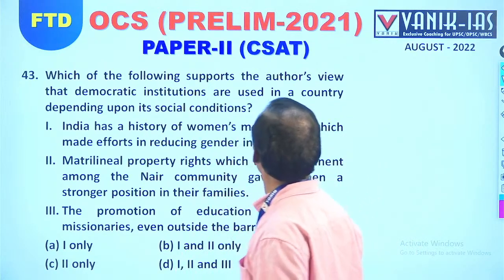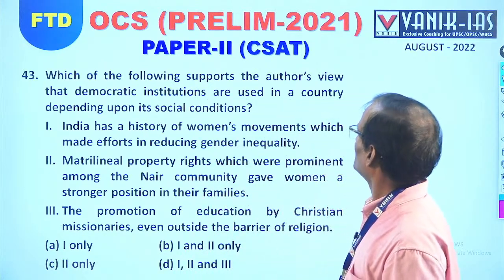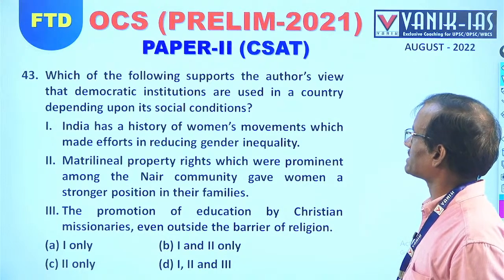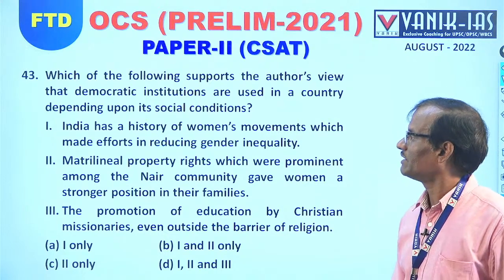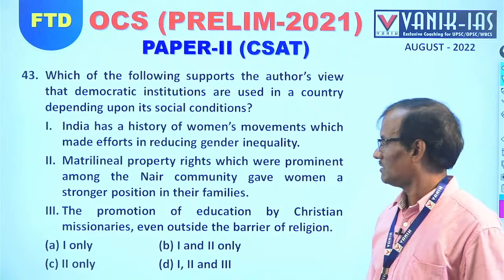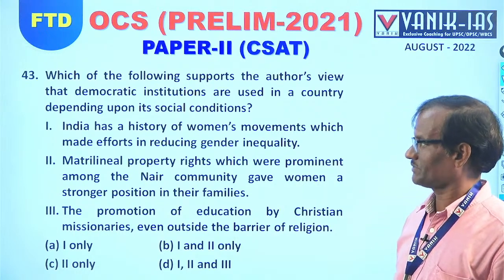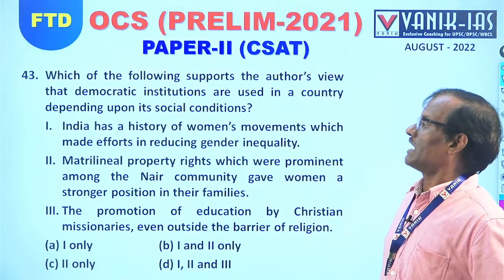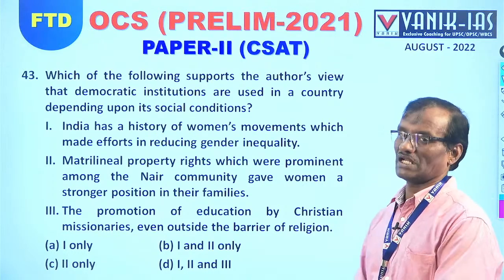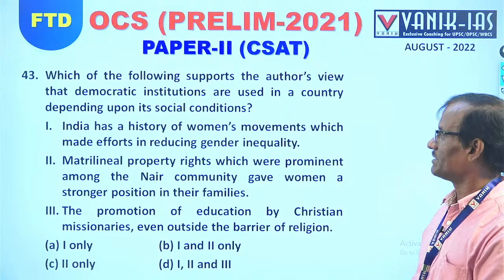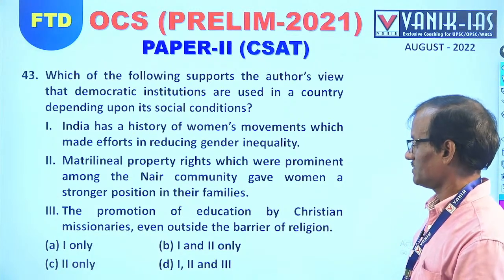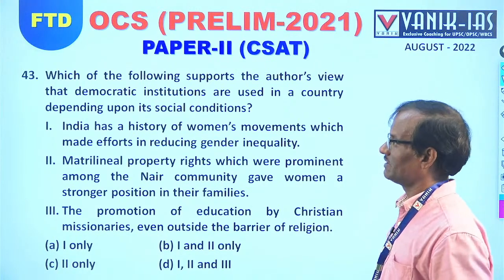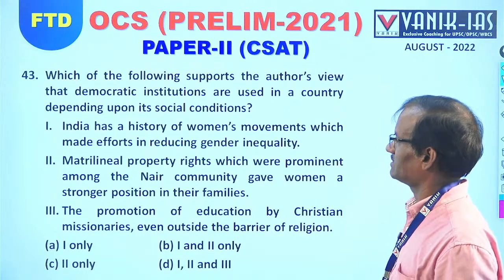Which of the following supports the author's view that democratic institutions are used in a country depending upon its social conditions? Democratic institutions like the legislature, judiciary, and election commission all depend upon social conditions. So what is the best option that makes it the answer?